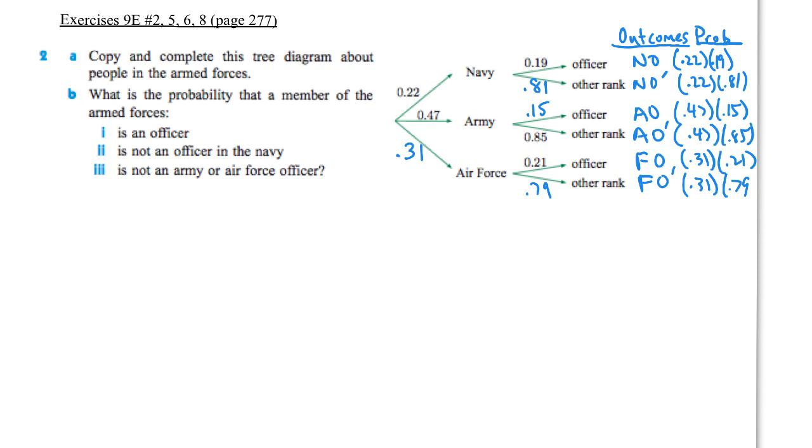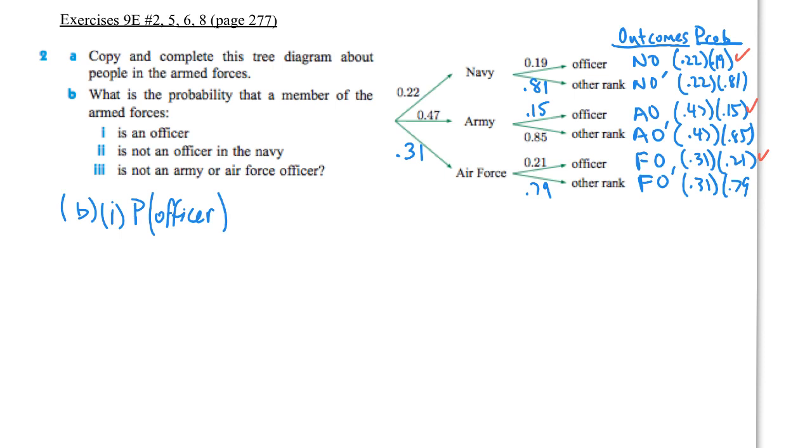So if I read Part B, what's the chance that I randomly pick somebody out of the armed forces and find that the person's an officer? Okay, so in B1, the probability of officer, well, if we go over to the tree, we will need this branch, and this branch added up.